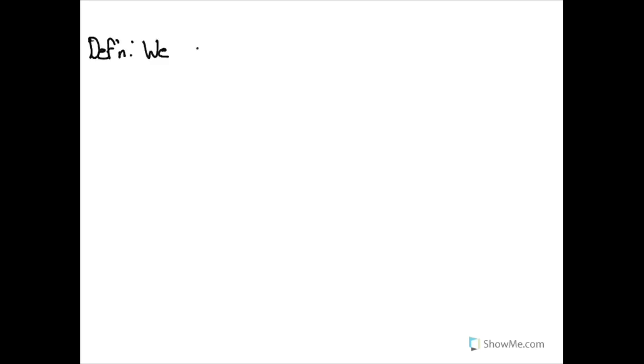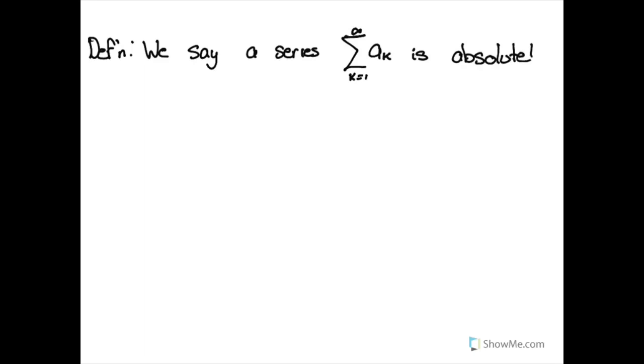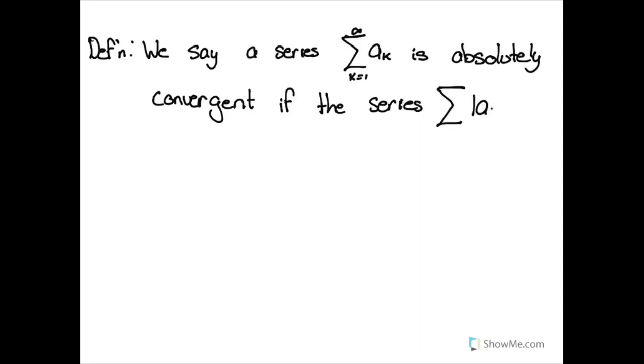We say a series sum of a_k, k equals 1 to infinity, is absolutely convergent if the series of absolute value a_k, k equals 1 to infinity, converges.